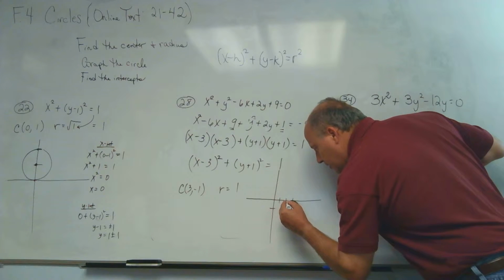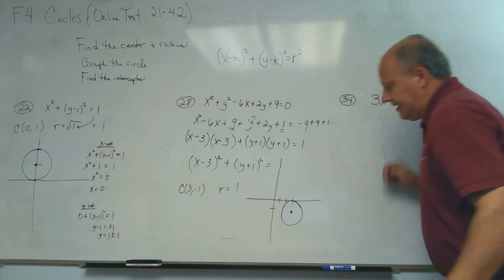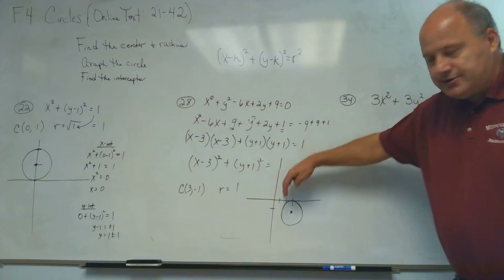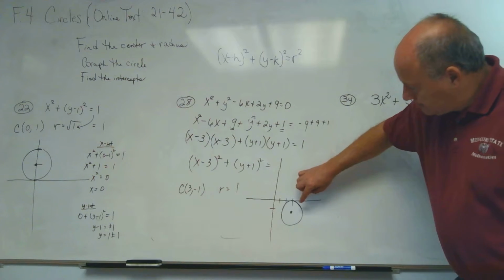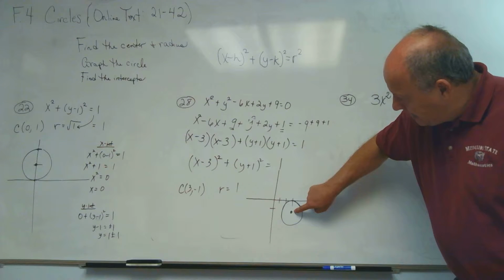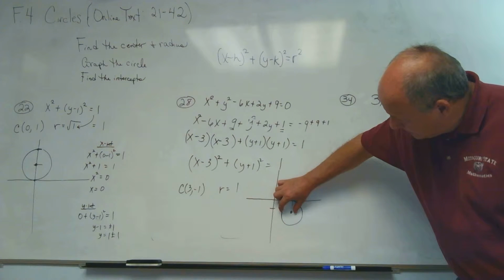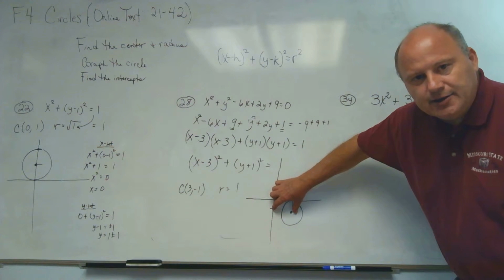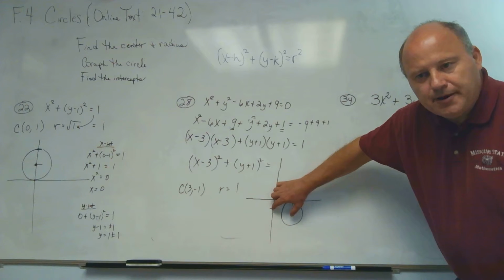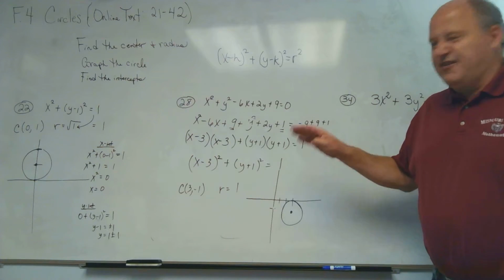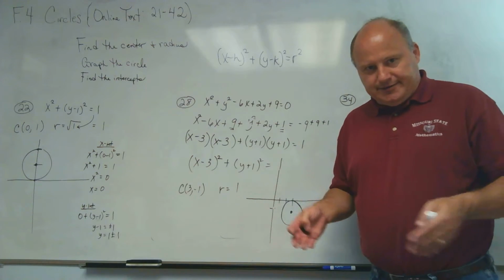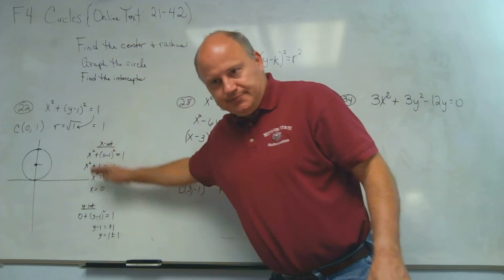Okay. Now, if you look at this, guys, it doesn't look like it's going to have a y-intercept because the radius is only 1. So if it's at 3, -1, and the radius only being 1, it doesn't go far enough to hit the y-axis. But if you don't think about these things, you're just very mechanical, and you just kind of do the routine that you're used to.